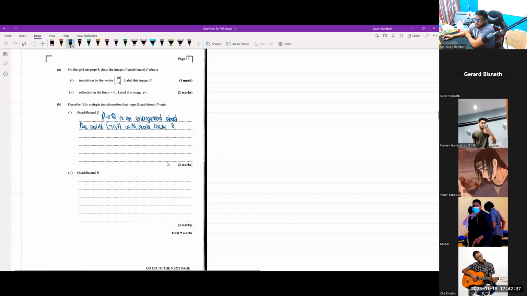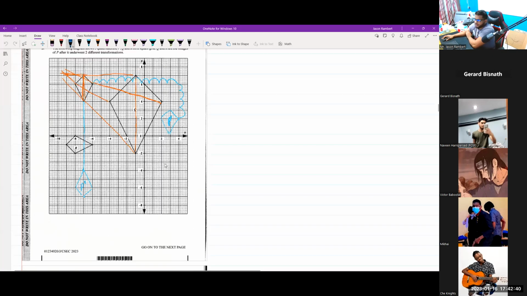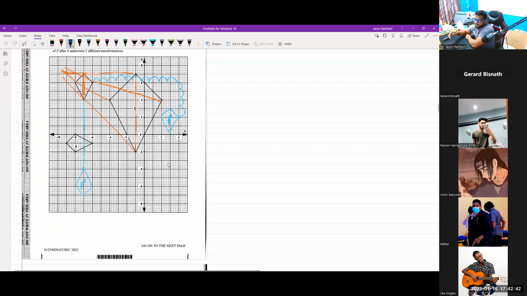A single transformation that maps Q onto the quadrilateral R. A single transformation, so that will be a rotation. Yeah? If it's one transformation, it will be a rotation. Let me draw it and do it.